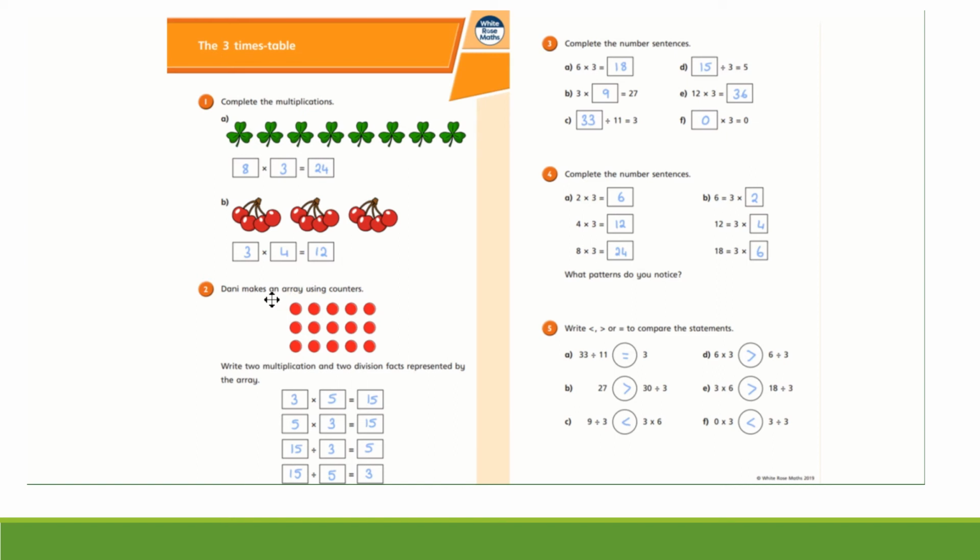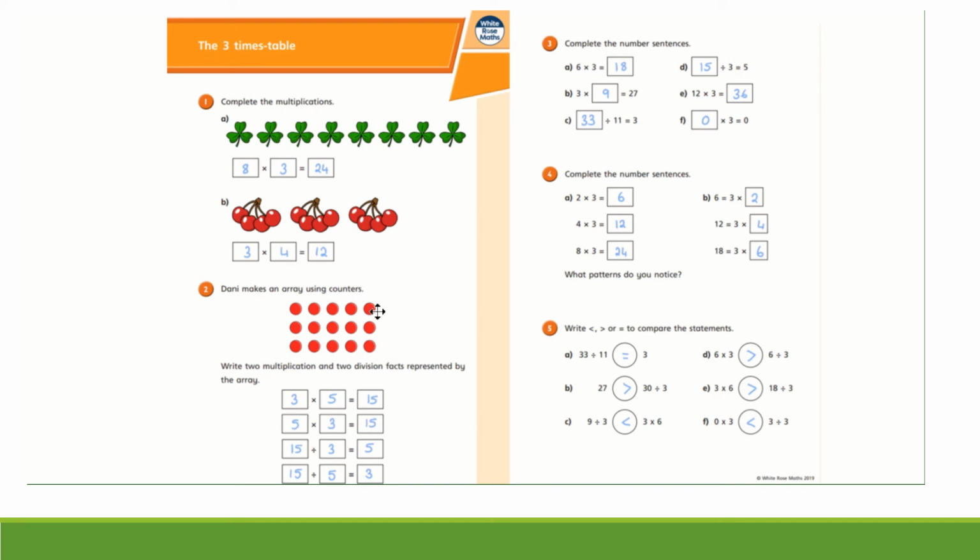Number 2, Danny makes an array using counters. You can see they are in groups of 3 and there are 1, 2, 3, 4, 5 groups. So we need to write 2 multiplication sentences and 2 division sentences that represent that array. So we can have 3 times 5, which equals 15, and we can have 5 times 3, which also equals 15.